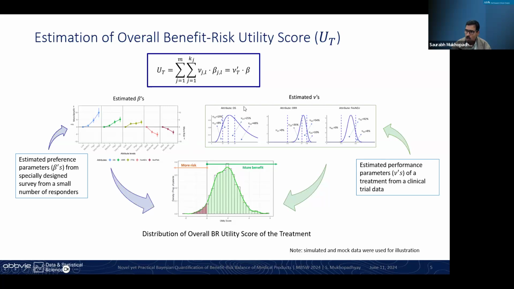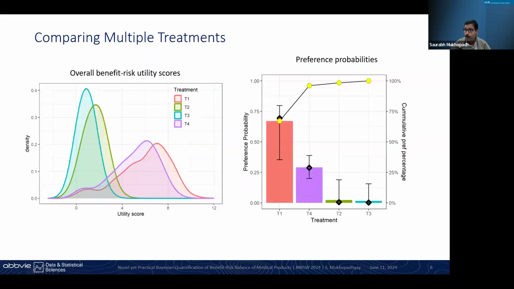We also use mock data to come up with the clinical trial data from which we want to estimate the eta or u parameters. These new parameters and beta parameters are then combined with their uncertainties, and that gives us the benefit-risk utility score that I've come up with using the random utility theory that I mentioned before.